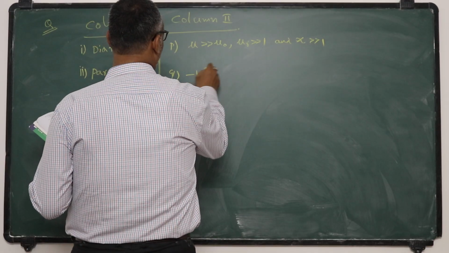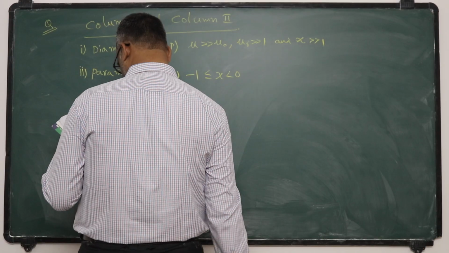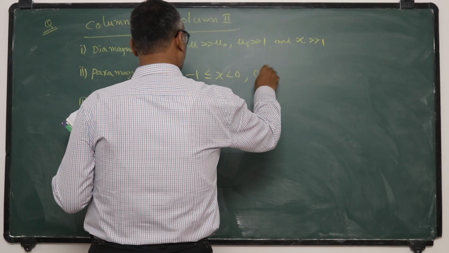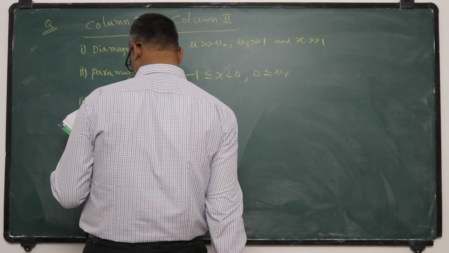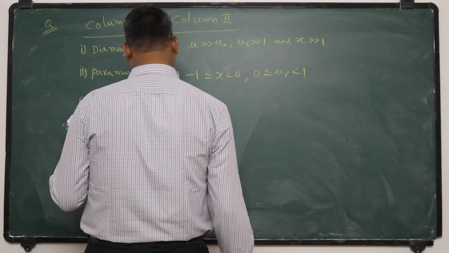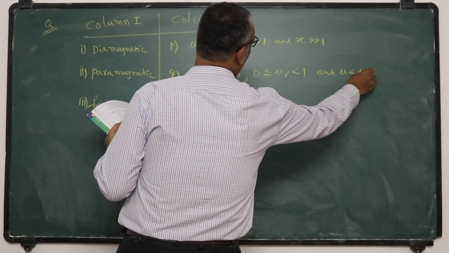Q: minus 1 less than or equal to chi less than 0, comma 0 less than or equal to mu r less than 1, and mu less than mu naught.